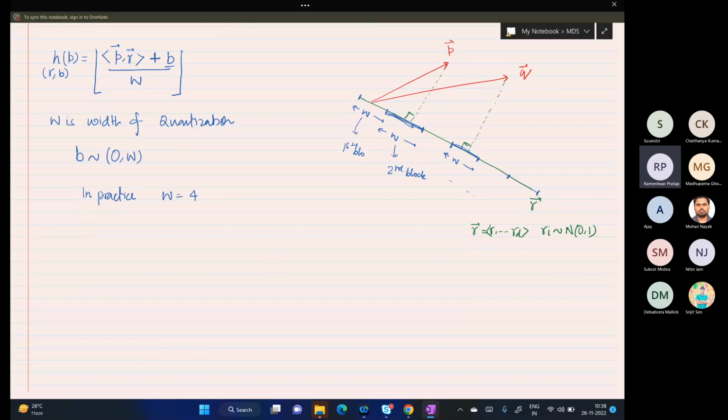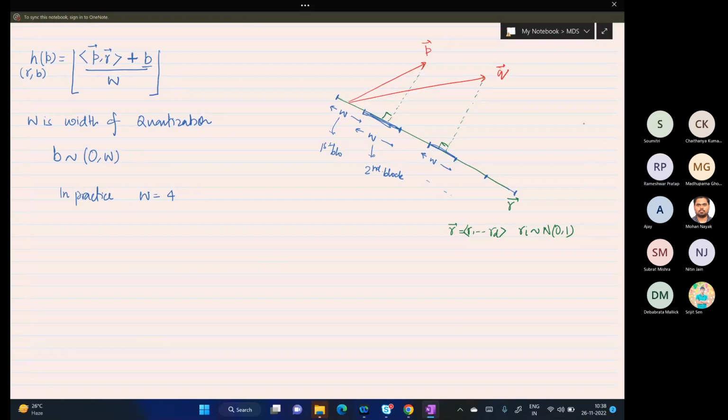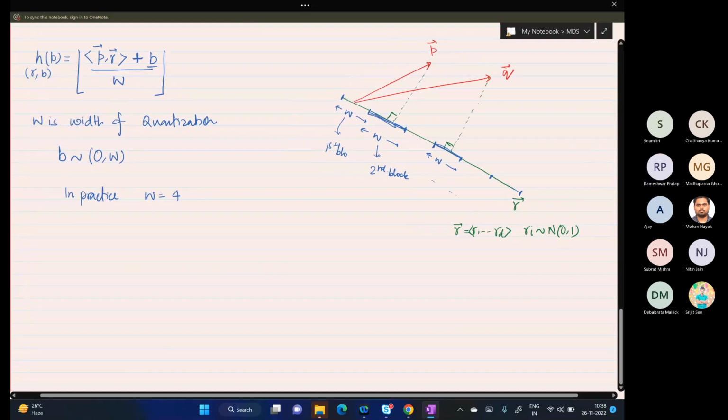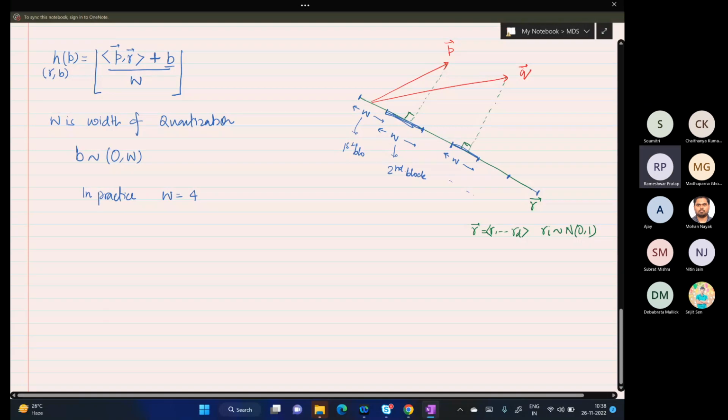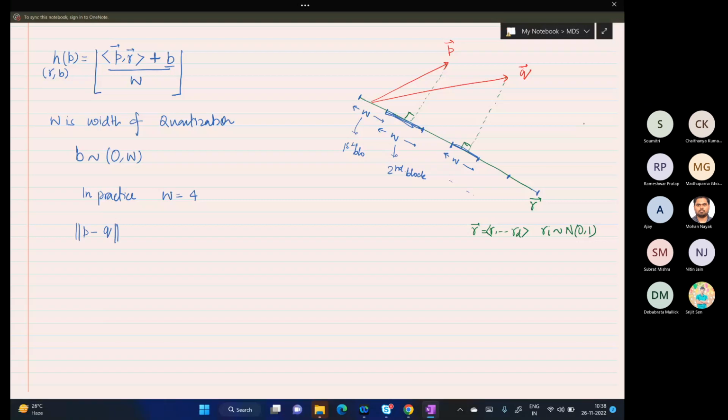So I'll just write one expression, which is the probability of collision. Suppose for two data points P and Q, I denote their L2 distance, P minus Q, as phi.